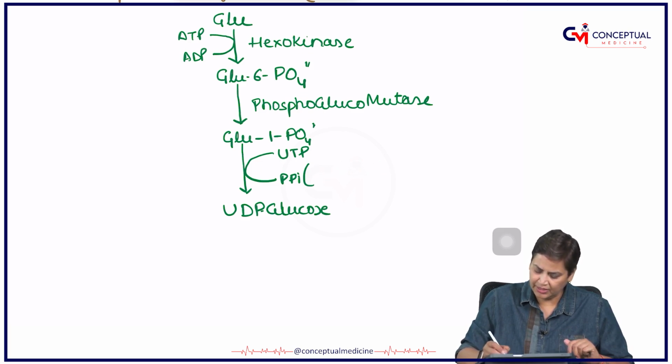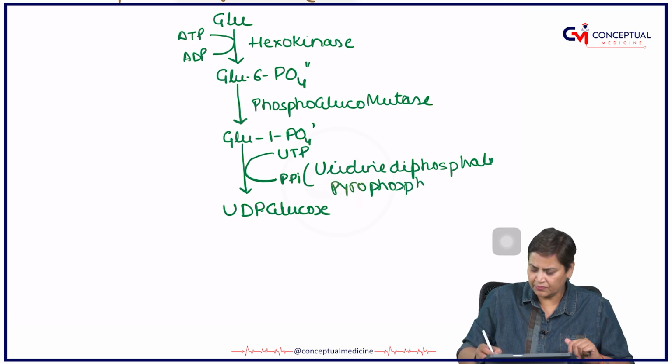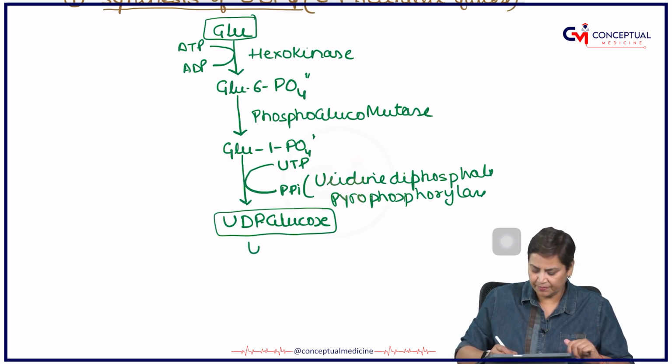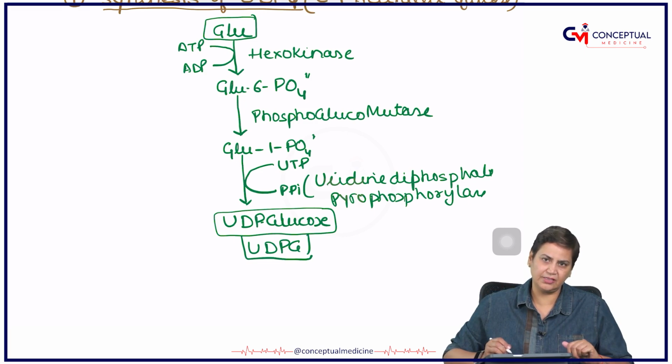Whatever you can write, uridine phosphate pyrophosphorylase. So we can simply say that this glucose will be converted into UDPG. So this becomes the first substrate of glycogenesis.